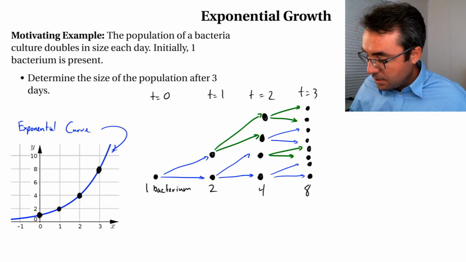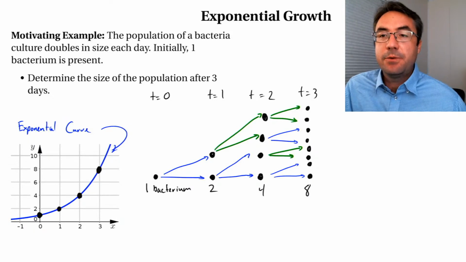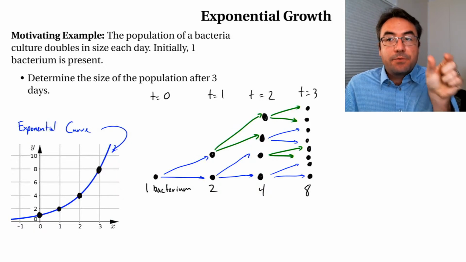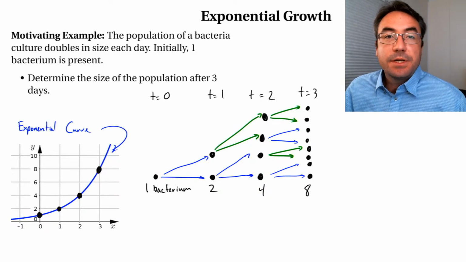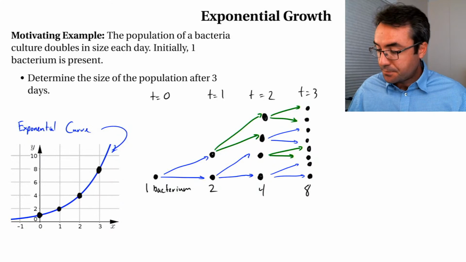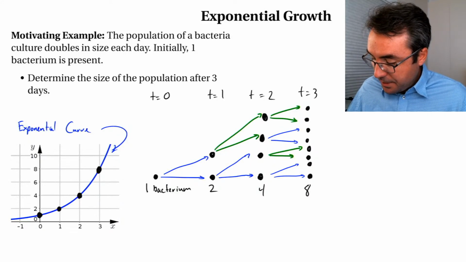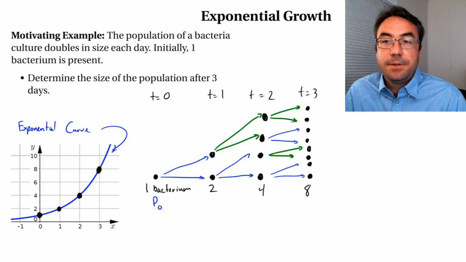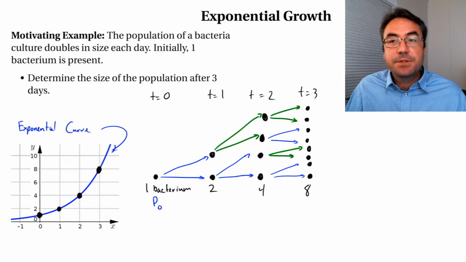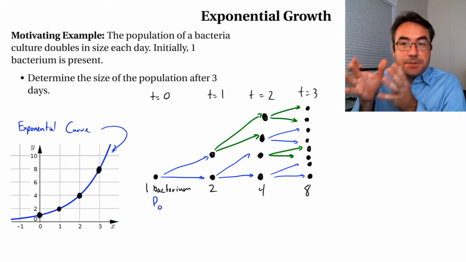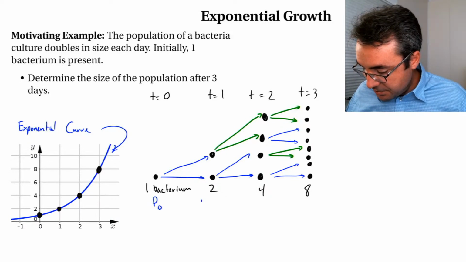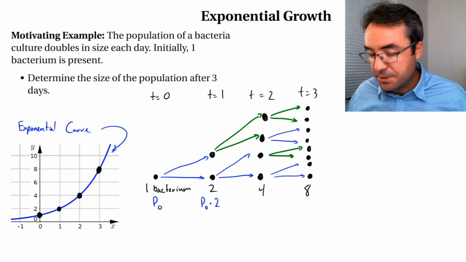All right, let's look a little bit more at what's actually happening with the population, progressing along each day. We usually call the initial population P0. What happens going from day 0 to day 1 is that the initial population gets multiplied by 2.